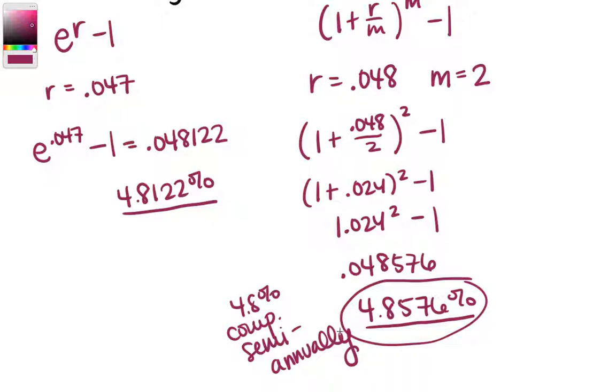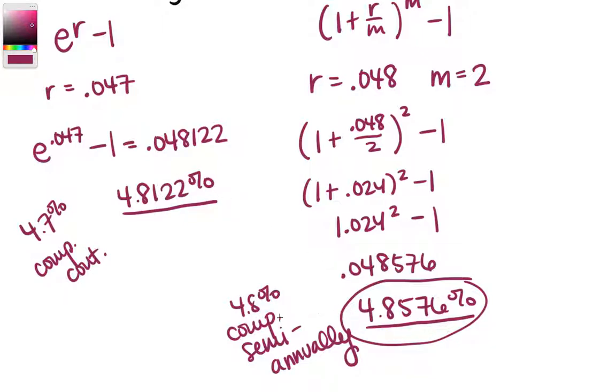One other thing that I want to point out here: both of these, the APY was higher than the original interest rate. Here we had 4.7% compounded continuously, and the APY was higher than that. The effective interest rate was 4.81%.